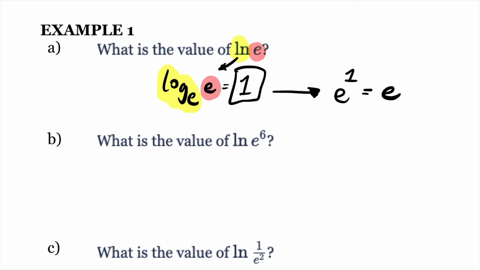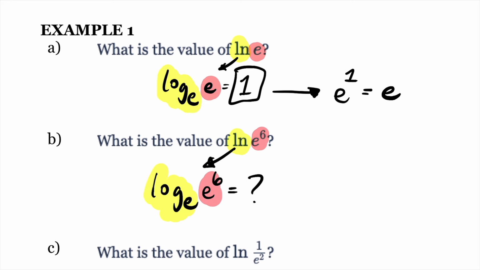The second one, rewrite it instead of ln so it looks like this. And then what comes next to that is the answer. So this is the answer, e to the sixth, and that's the missing part there.